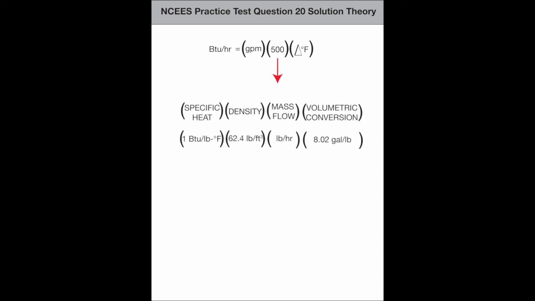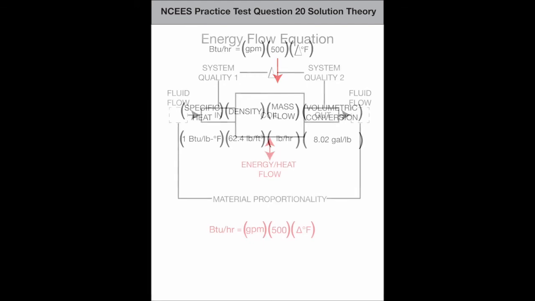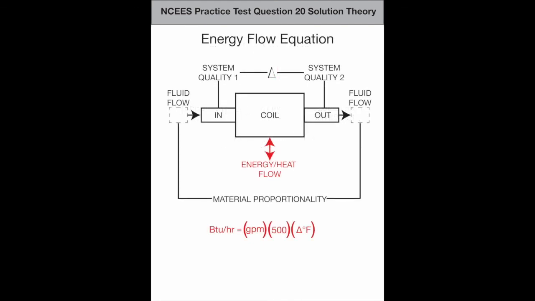The 500 is given as unitless, but it is the product of density in pounds per cubic foot, specific heat in BTU per pound degree Fahrenheit, along with a conversion from mass to volume for the flow of water. Heat is being transferred to or from the water flowing through the coil as governed by this equation.